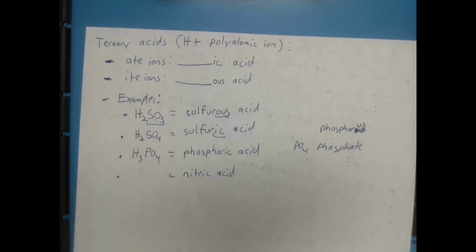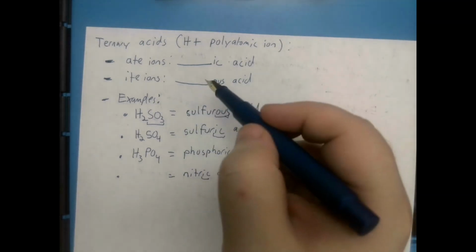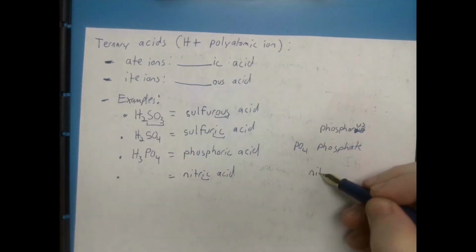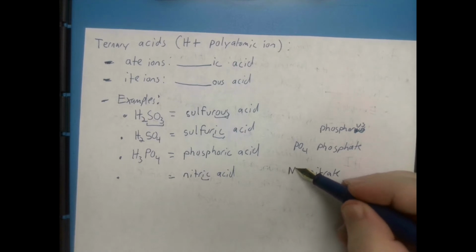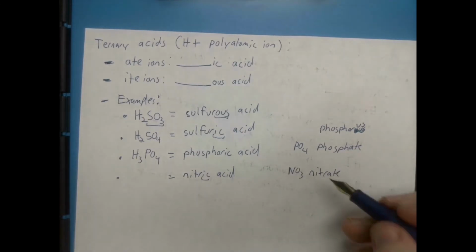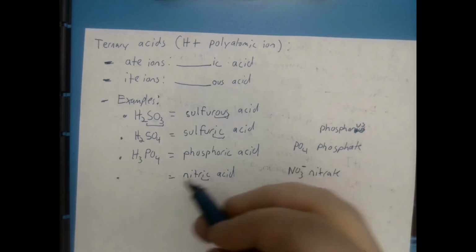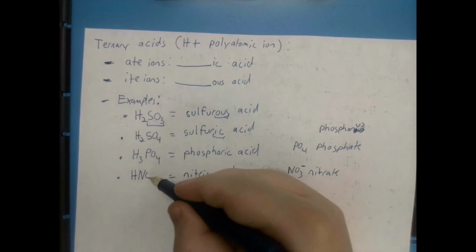Wouldn't you change it back to nitrate? So the ic, again, ic refers to ate. So yes, it's going to use the nitrate, which is NO3 and has a negative charge. And so to counteract it, we'd add only one hydrogen to it. So it's HNO3.